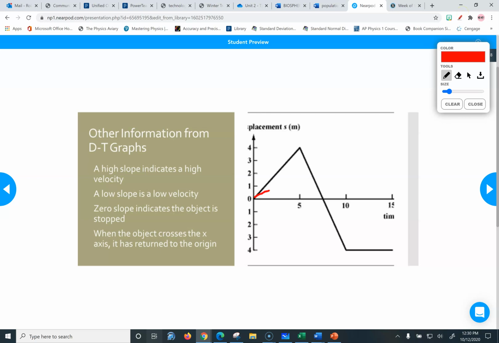So if you have a line that's going like this and you compare it to a line that's going like this, this object is moving faster because it has a bigger value. Okay, when the object crosses the x-axis, all that means is that it's just returning to the origin, or it's passing through the origin. And you get to pick where that origin is. That just means it crosses over.